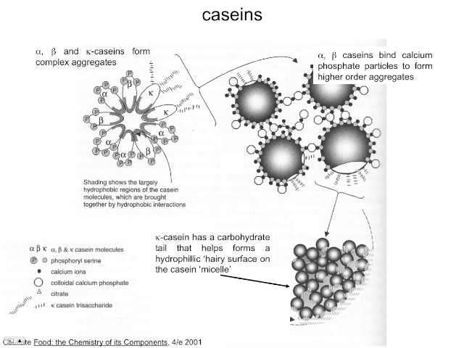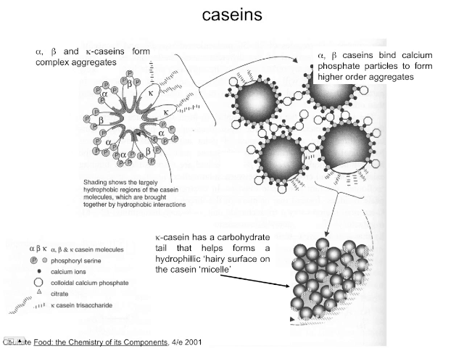All right, caseins and whey proteins. Let's focus on caseins first. So this is a figure derived from Food: The Chemistry of Its Components. It's a great figure. It's just one model of how the casein micelle works. There are many models, and part of the reason is that this is a fairly disordered complex and hard to understand structurally, but this gives us a flavor of how the caseins work.